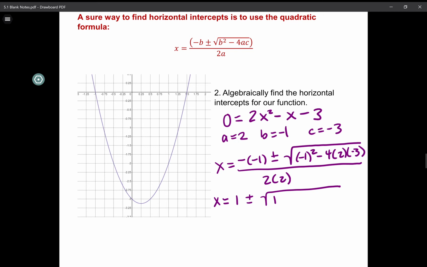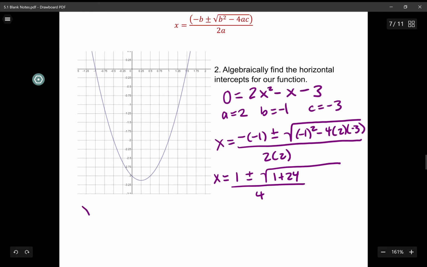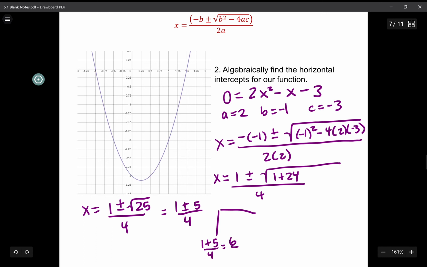So this is 1 minus -24, or 1 plus 24, all over 4. So that's x equal to 1 plus or minus the square root of 25 over 4. Please feel free to use a calculator to help you with the computations. So that's 1 plus or minus 5 over 4. Let's break this into our two cases. 1 plus 5 over 4 is 6 over 4, which is 1.5.